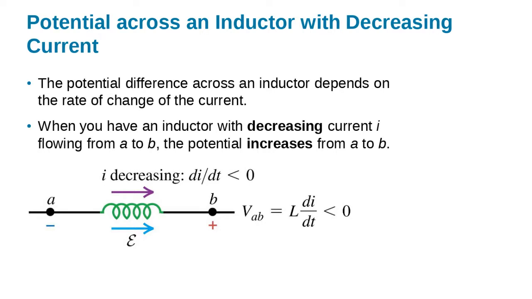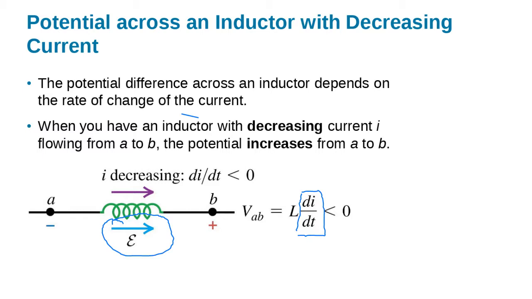So again, the potential difference across the inductor depends on the rate of change of current. So if we are decreasing our current, then this di/dt will be negative, less than zero. And so we have an EMF induced in our inductor, but it's going the other way than the situation where we've got increasing current.